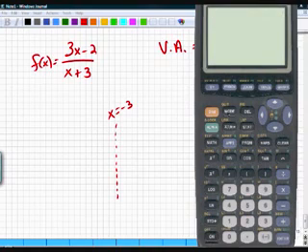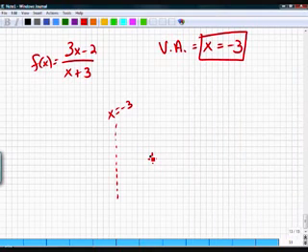If I plug in negative 2.9, am I on the right or left side? Right side, because here's 0 over here. So negative 2.9 would be somewhere right in here. And then I'll plug in negative 3.1 on the other side, just to see what my graph's going to do.